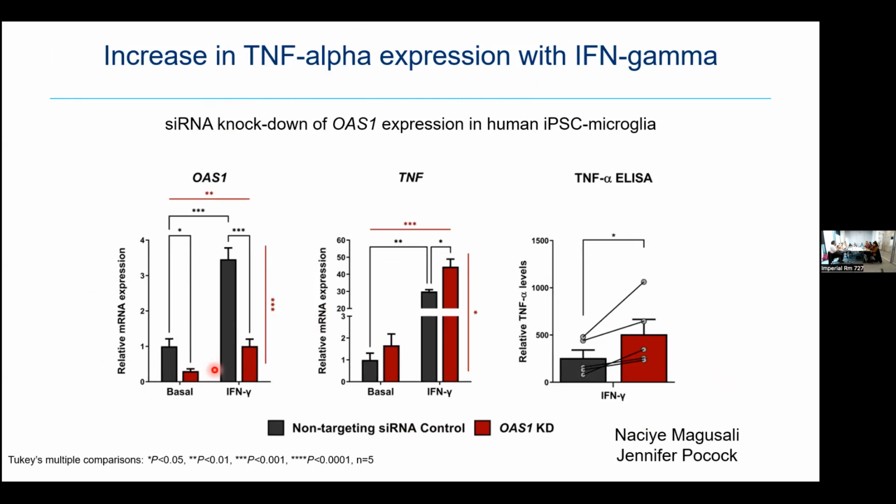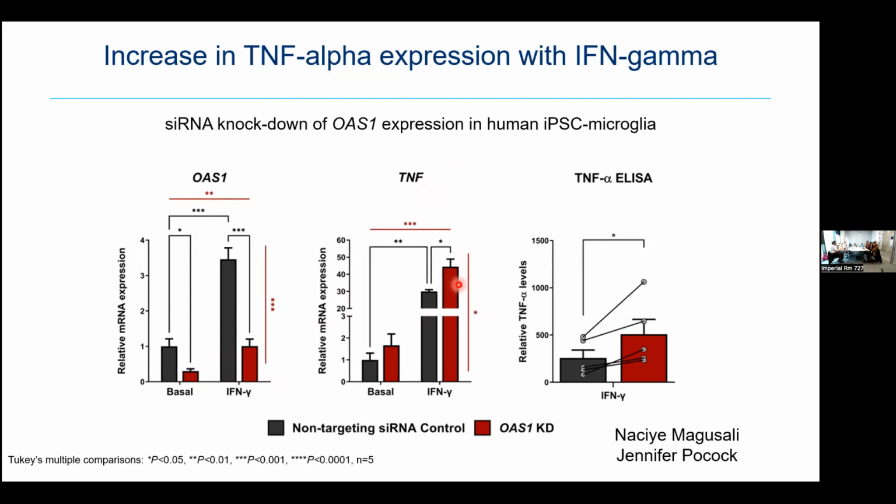And for all intents and purposes, these microglia seem fairly normal when we look at a variety of markers. Where we did see a difference was in response to interferon gamma, which was one of the markers that went up with COVID infection. With interferon gamma challenge, we saw an exaggerated production of pro-inflammatory cytokines such as TNF-alpha.